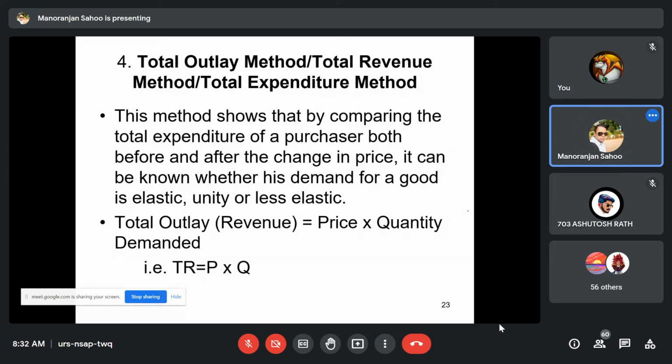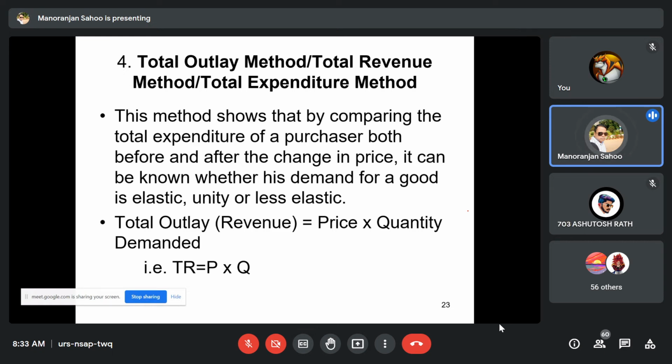Then the total outlay method or total revenue method explains the relationship between elasticity and revenue. Total revenue equals price into quantity. Revenue means the income of the seller. So how to calculate the seller's income? The income of the seller or the entrepreneur can be calculated as the price of the product into the units of output sold.